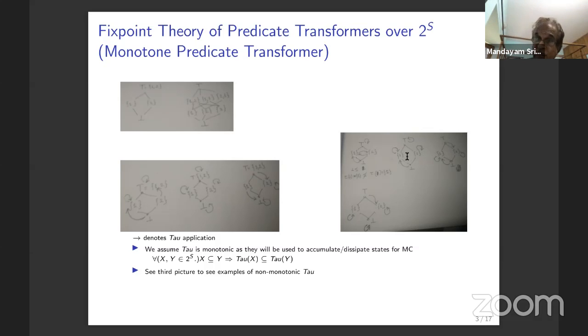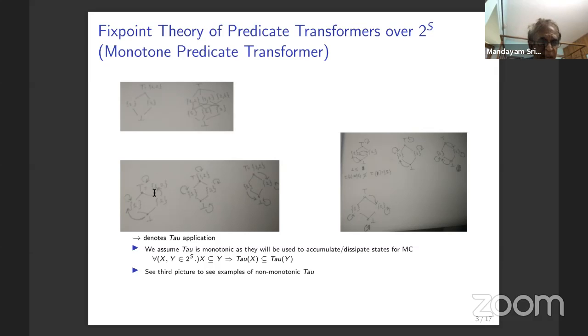So you're right, that's the reason monotonicity is needed for guaranteeing these fixed points. All these are violating cases where the predicate transformer is not monotonic.